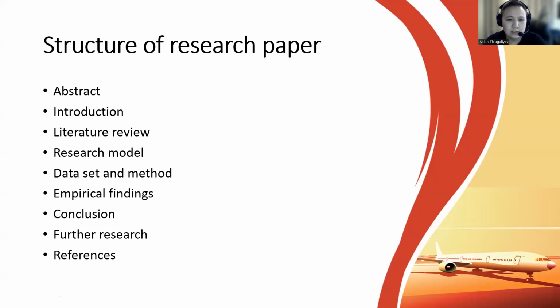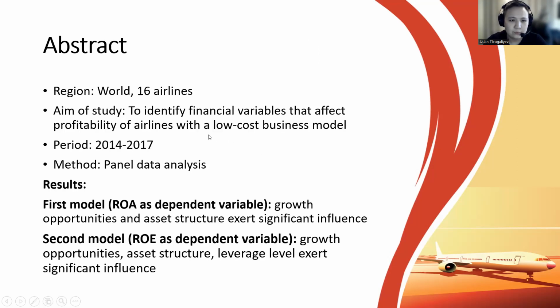Let's briefly discuss the structure. It has the abstract, introduction, research model, dataset and method, empirical findings, conclusion, further research, and references. Starting with the abstract, the region covered is the whole world. The author wants to get evidence applicable not for an exact region, but for the whole world.